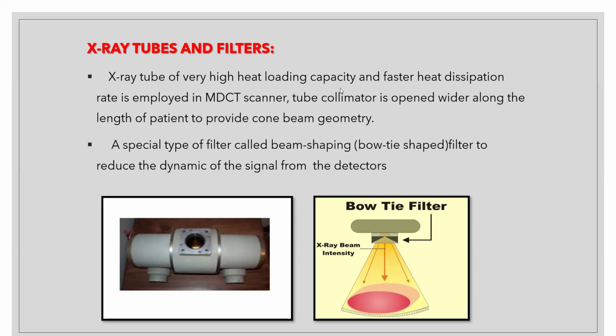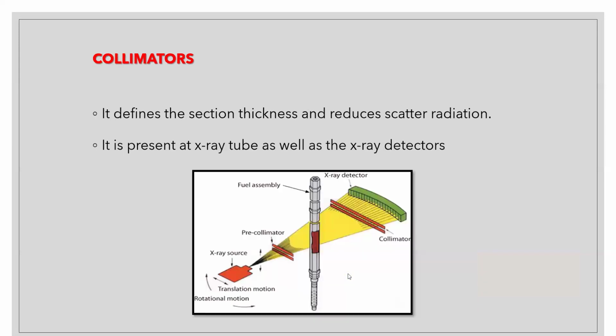An X-ray tube of very high heat loading and faster heat dissipation is employed in MDCT. The tube collimator is opened wide along the length of the patient to provide a cone beam geometry. A special type of filter called a bow tie filter is used to reduce the dynamic range of the signal from the detector.